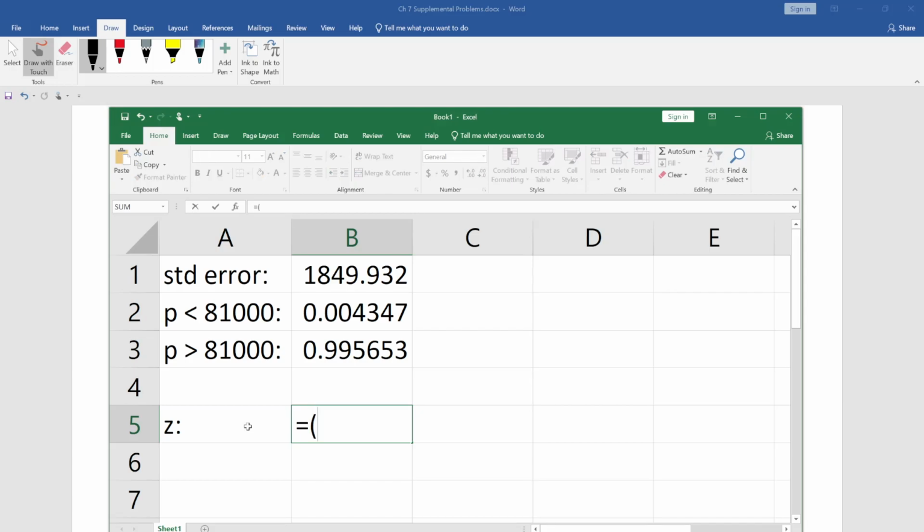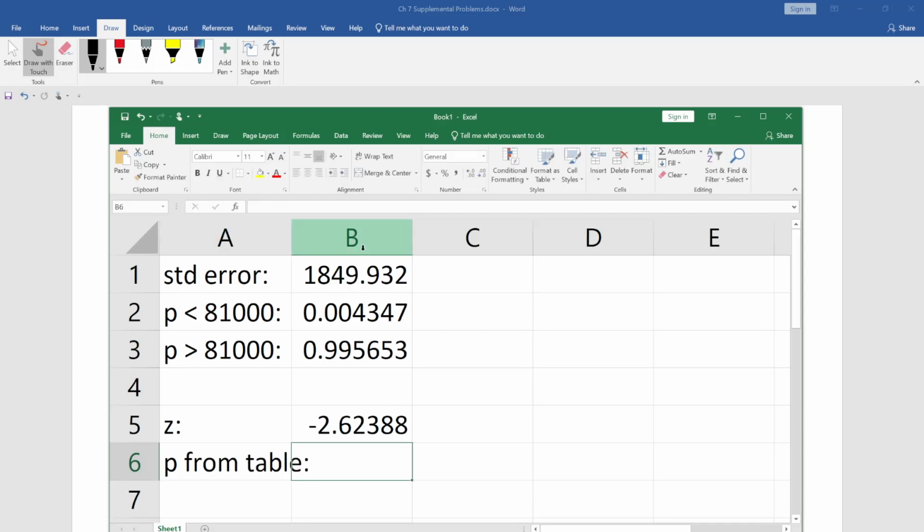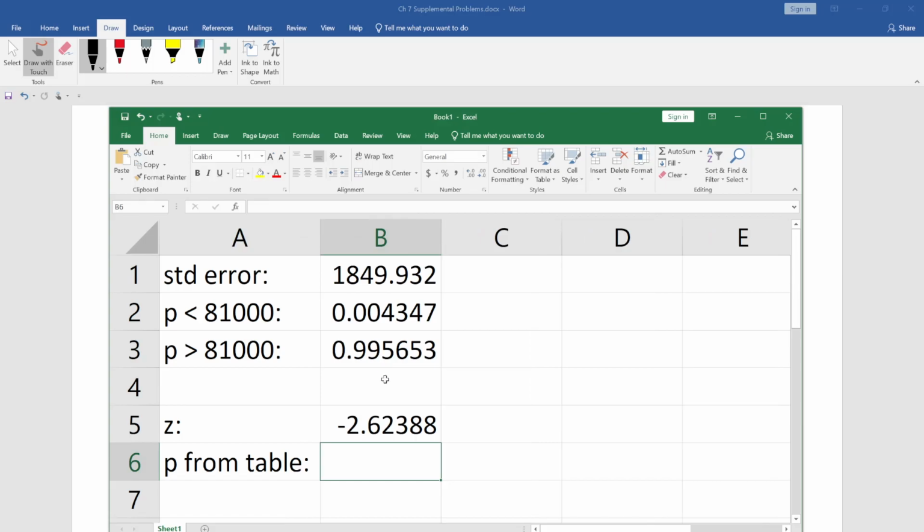We would take the sample mean, so 81,000 that we're trying to find the probability for, minus the population mean, close parentheses, divide by the standard error, which I'm just going to click on here. Then we would have to look in the normal distribution table to get the probability of everything to the left of that Z-score. We're going to have to round the Z to negative 2.62.